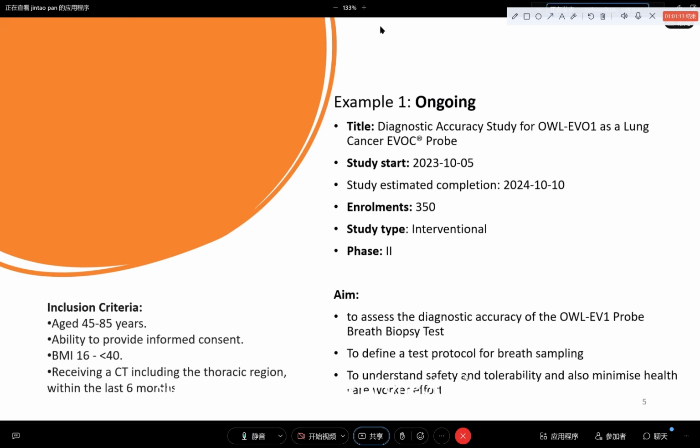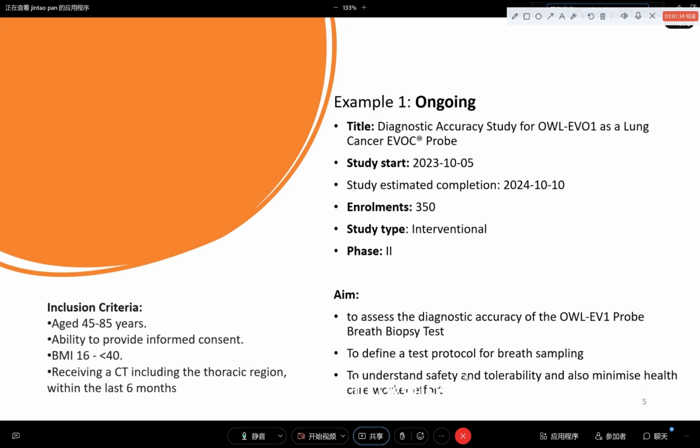So this is an example of an ongoing trial which is in phase 2. The title is Diagnostic Accuracy Study, OWL is the sponsoring company and EVO1 is their product for lung cancer.